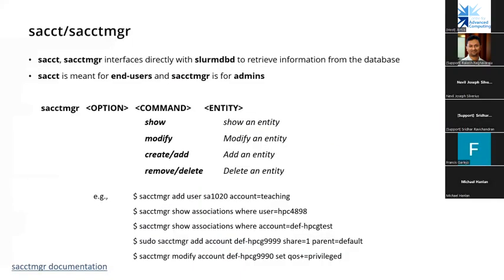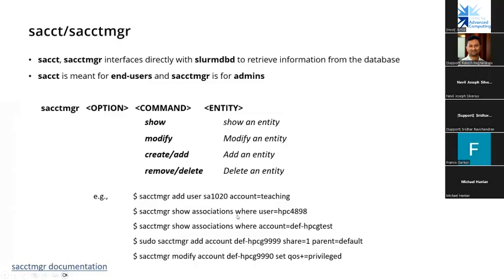So that's a quick overview of some of the utilities that we can use to retrieve some information. If you look at the S account manager command, this actually is querying the SQL database.